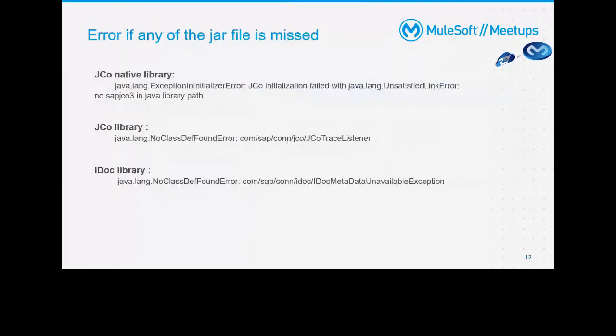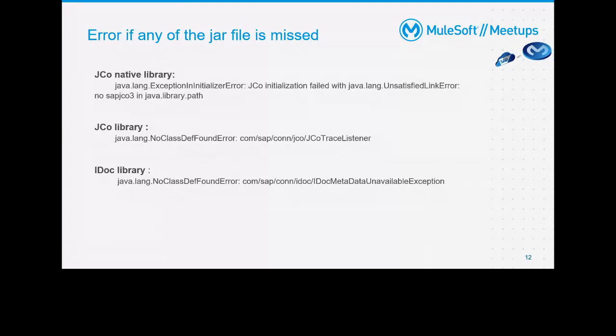So we see that the jar files are required. These are some of the errors you will face if you are missing one of the jar files. If you miss the JCo native library, you will get a Java JCo initialization failed with no SAP JCo in Java library path.